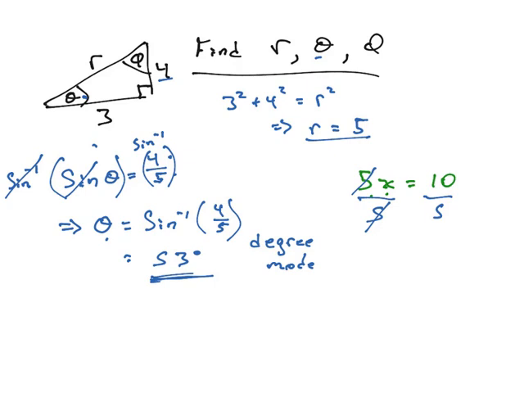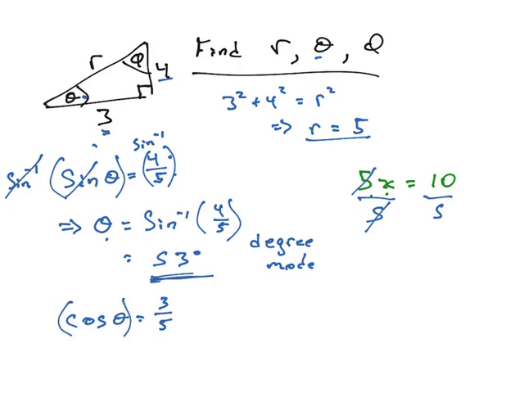Now, before I move on to phi, note I didn't have to use sine. I could have used cosine. If I used cosine instead, I would have had cosine of theta equals, well, cosine, that's the CAH, that's adjacent. So the side adjacent to theta is 3 over 5. And the same kind of thing.